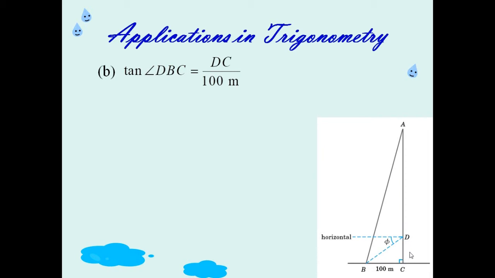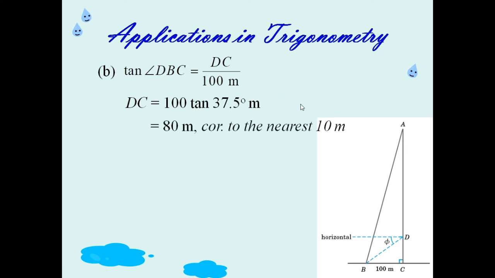So DC over the adjacent side is still using the tangent ratio, with angle DBC, which we know is 37.5 degrees. So rearranging, we get DC is 100 tangent 37.5 degrees meters. What is the answer? You may press your calculator. See, it is 80 meters.